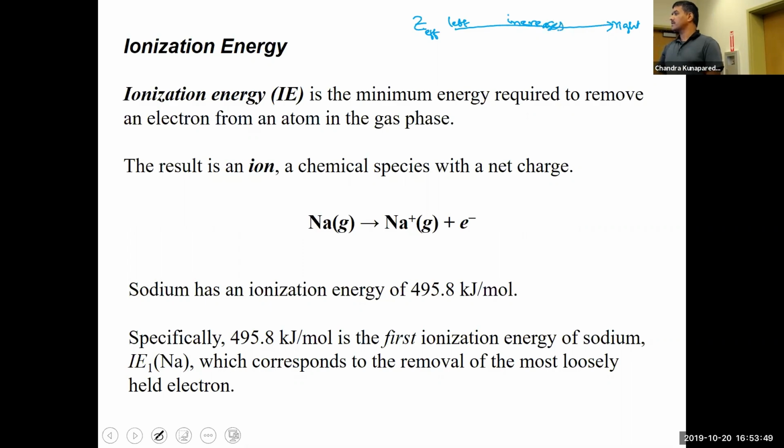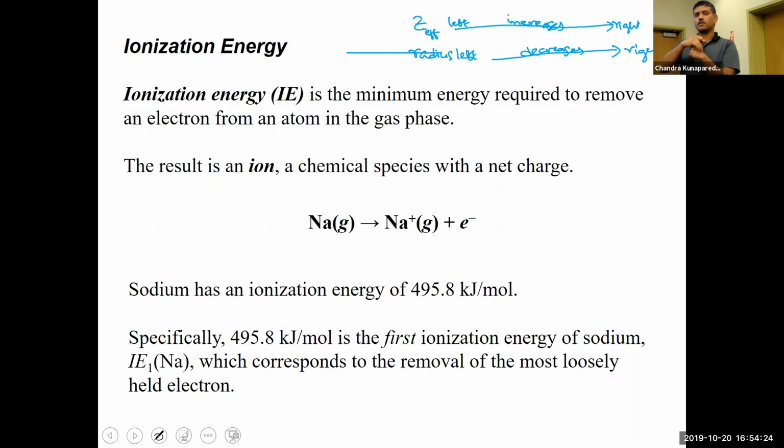Again, what it means for the atomic radius: as Z effective increases from left to right, atomic radius decreases. So what does it mean for ionization energy? We're talking about how much energy is required to remove an electron from its outer shell.